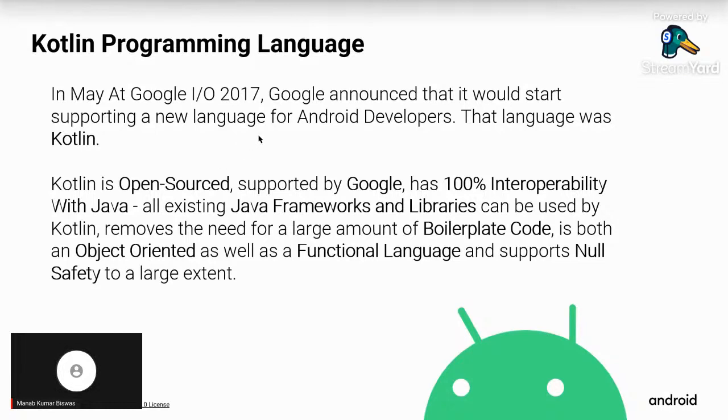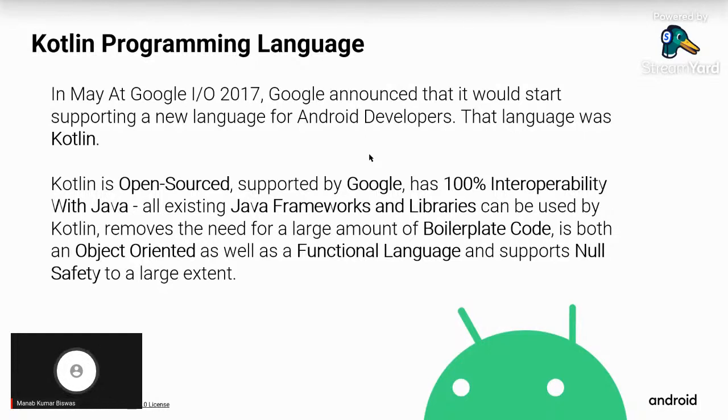Supported by Google, of course. And then you have 100% interoperability with Java, which means that all existing Java frameworks can be used with Kotlin. As well, I'll show you in Android Studio that if you're used to typing code in Java, you can in fact convert the entire code to Kotlin by just a few clicks and nothing else.